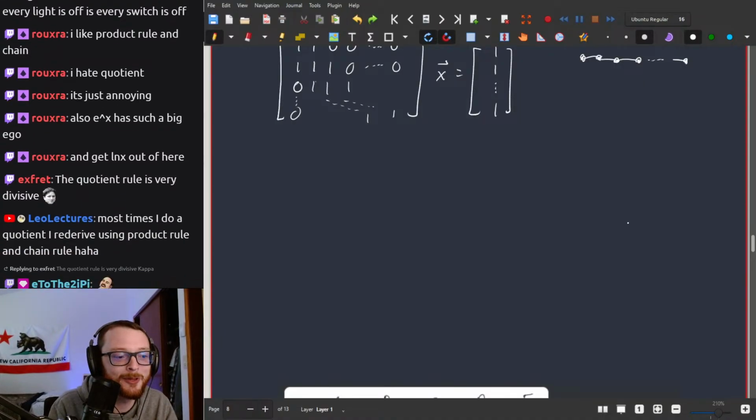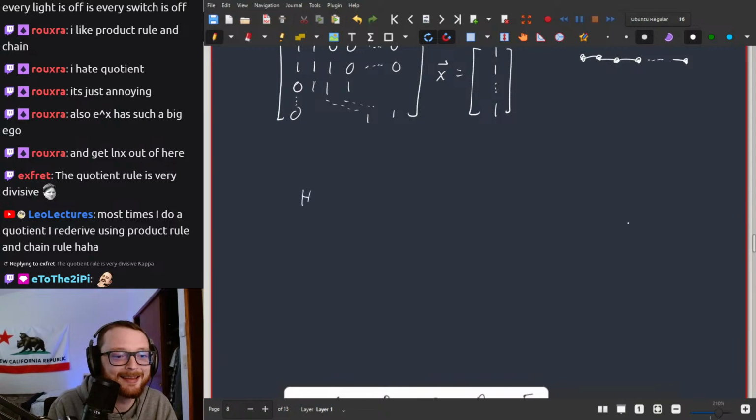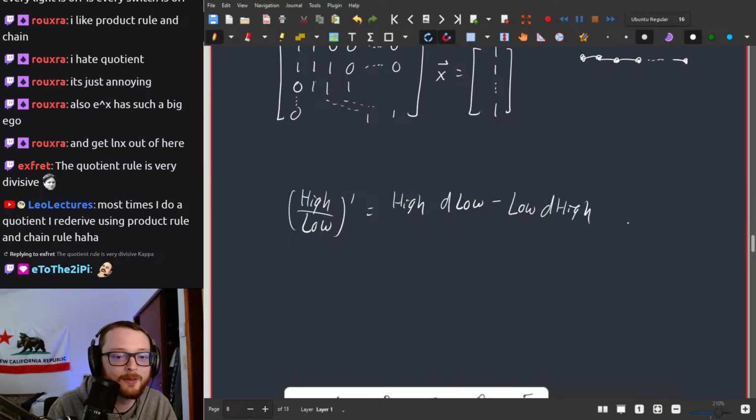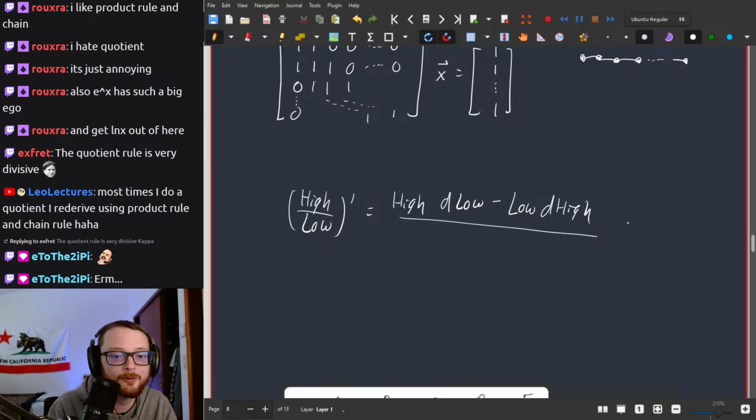For the quotient rule, the way that I remember it is if you have a function high divided by low, and you need to take the derivative of it, it's high d low, d meaning derivative, minus low d high. That's a, and then it's just over, wait, high d low, or is it low d high?